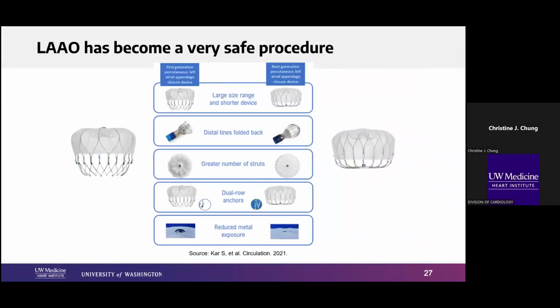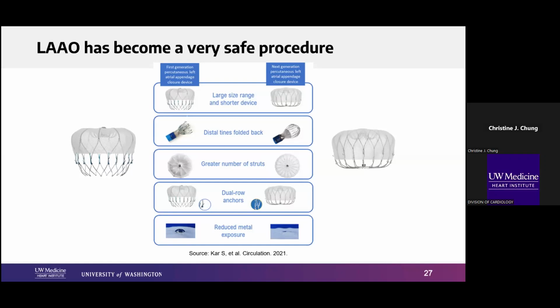So all of that data is with the first generation Watchman device, which was effective, but also had a lot of pitfalls. One of the main issues with the first generation Watchman is that what exited the sheath and directly interacted with the thin left atrial appendage tissue were these sharp metal tines.